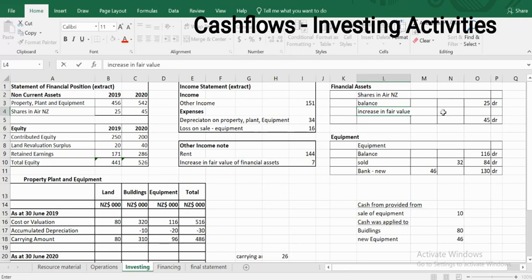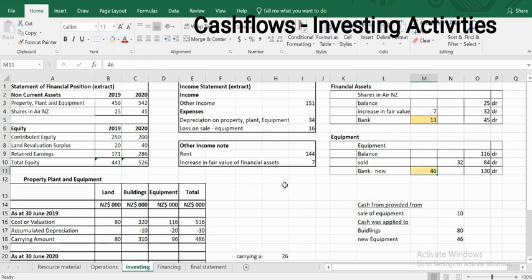It's just a recognition on balance day that they've increased in value. So that's a 7,000 increase, which takes my 25 up to 32,000. But my closing balance is 45, so that's indicating to me that I've also purchased more shares as well. So that's $13,000 worth of shares that I have purchased.